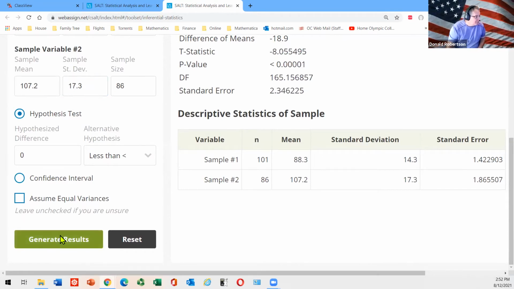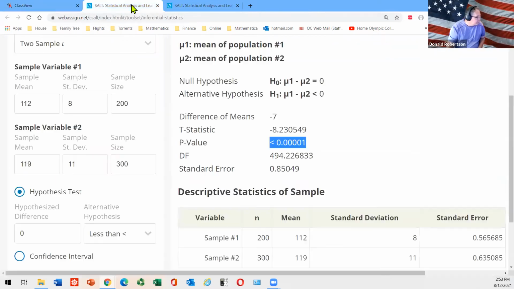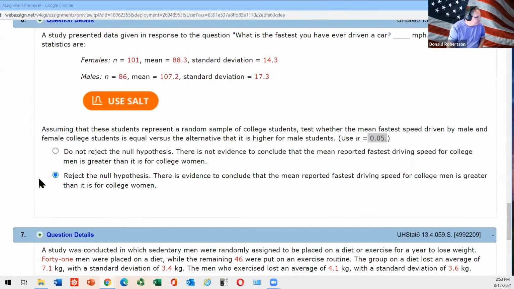Who knows? Oh, it is nice and tiny. Would you agree? And that means that when we go here, I've lost it. Oh, there we go. We'll reject the null hypothesis, and we've proved that men do typically go faster than women.